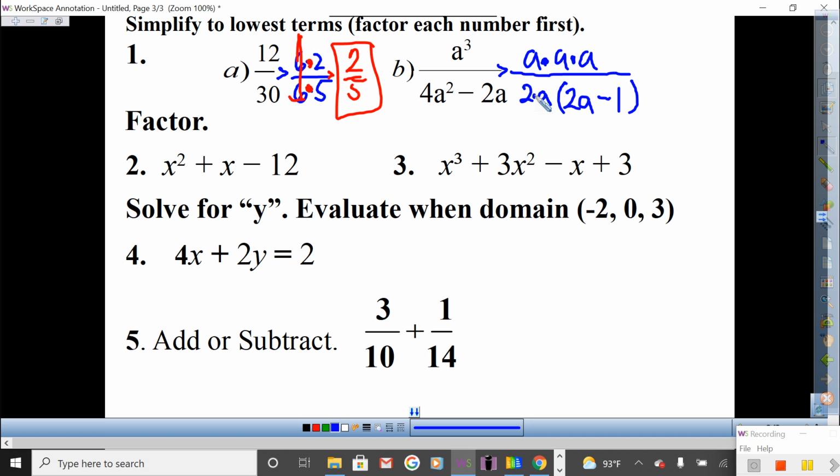Yes, between the 2 and the a, and then the a and the parentheses, which allows us to extract the giant 1. Do you guys see the giant 1? So that leaves us in the numerator with what? a to the second, and what's in the denominator? 2 parentheses 2a minus 1.